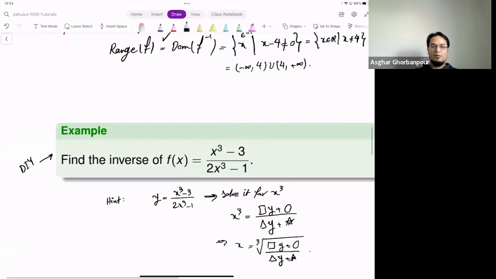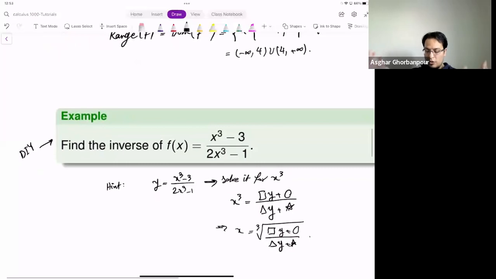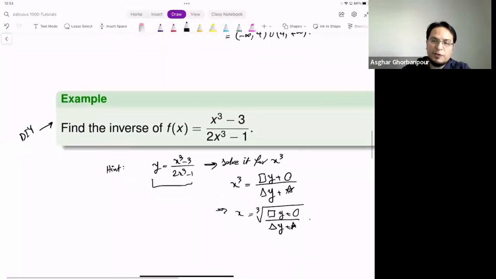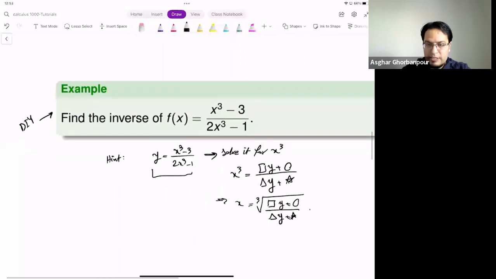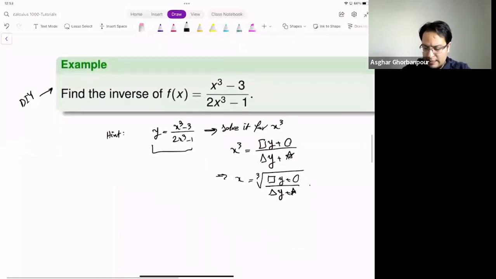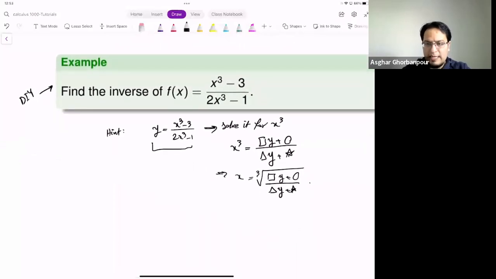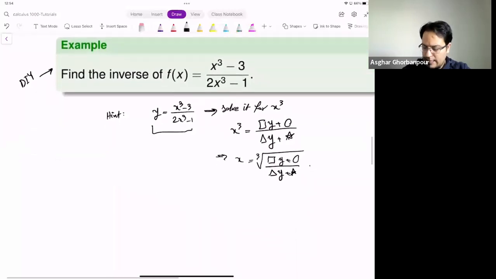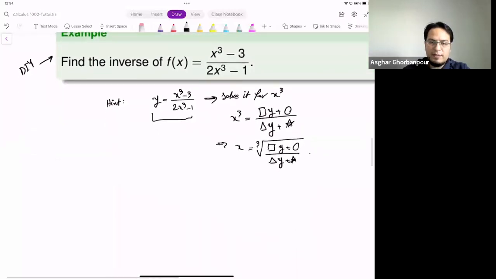So you just set y equal to the function of x, solve it for x, and in this case it will be something like that. I'll leave it for you to complete yourself. And I will pass to the next topic, which is the graph of f inverse.